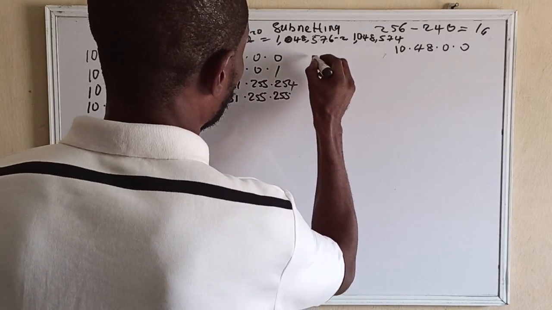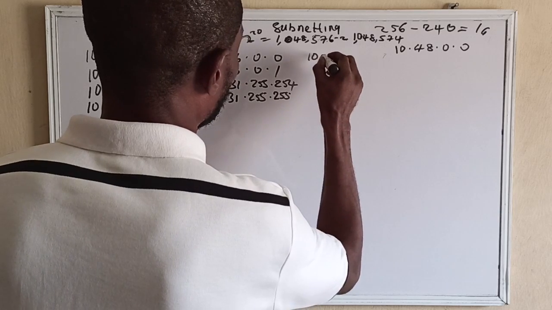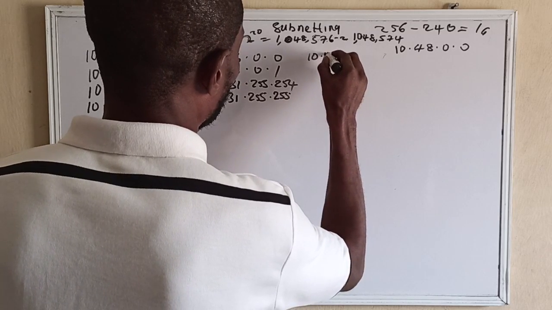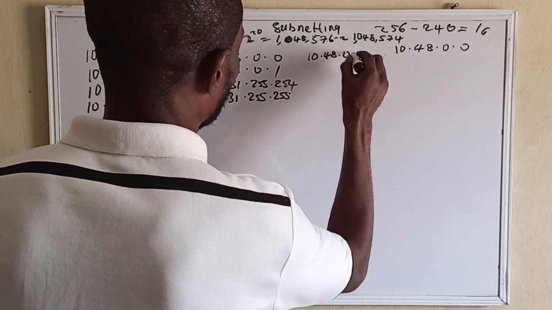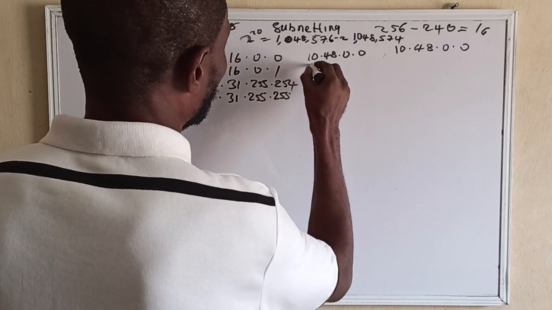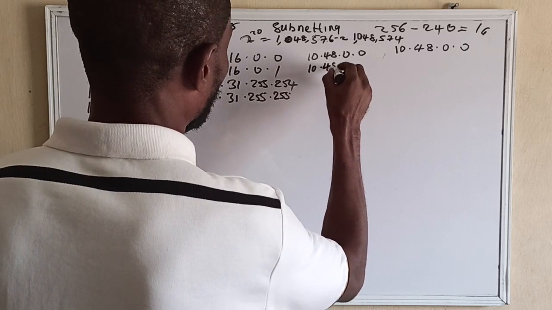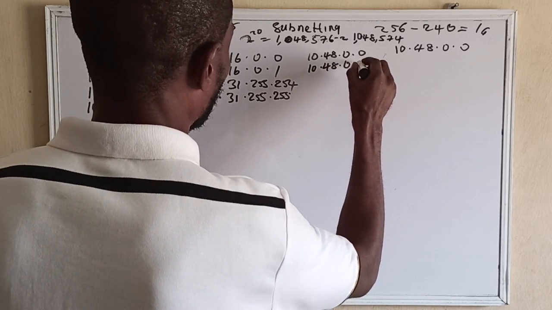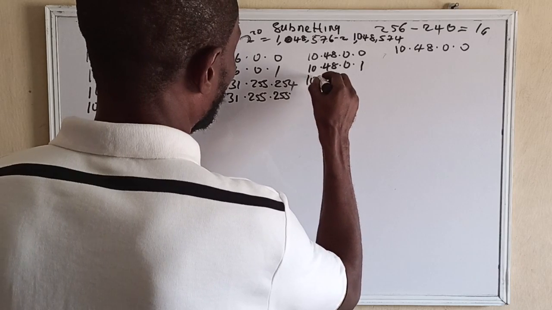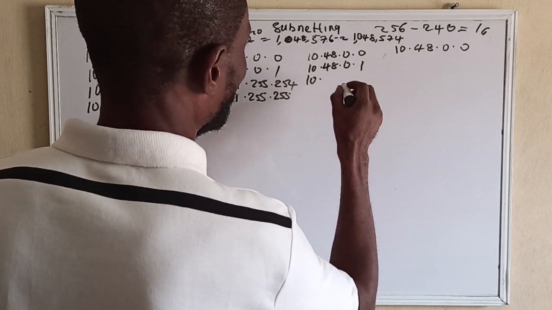I want to shift it so that I can get enough space. Here is 10.48.0.0, then 10.48.0.1.